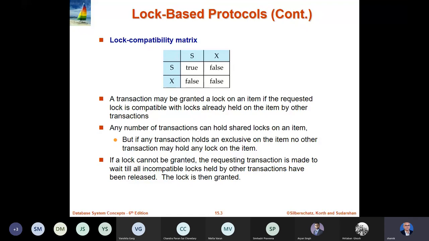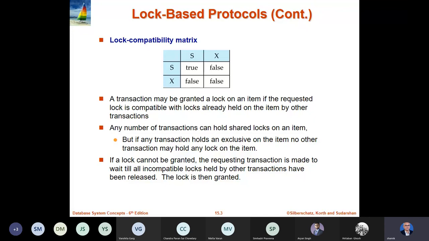So we would not allow shared and exclusive, or of course exclusive and exclusive, to become compatible. So it is very simple: a transaction may be granted a lock on an item if the requested lock is compatible with locks already held on that item by other transactions.